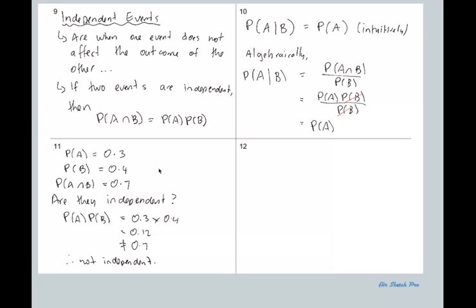Just be careful. I don't like this way of solving it. If independent, probability of A intersect B is equal to the probability of A times the probability of B. That's 0.7, that's 0.3, and that's 0.4, because you're setting up an equality which actually isn't true when you do it that way.